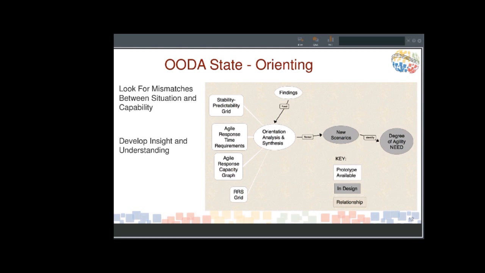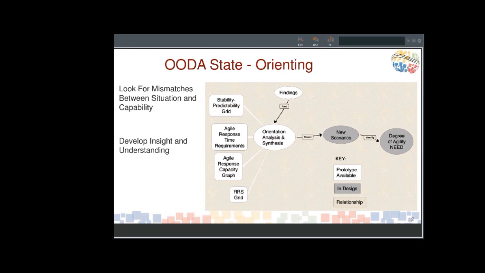This is where they bring in other analysis, their own perspectives, their own cultures, their own experiences, and somehow they've got to bring all that together to see what can possibly make sense for them to modify their behavior in a way that meets any Agile requirements that they're being confronted with.